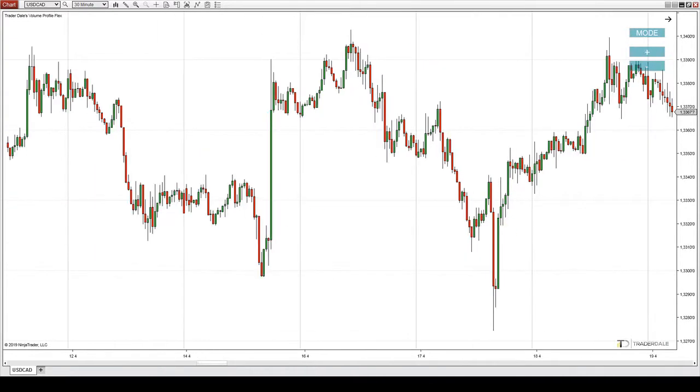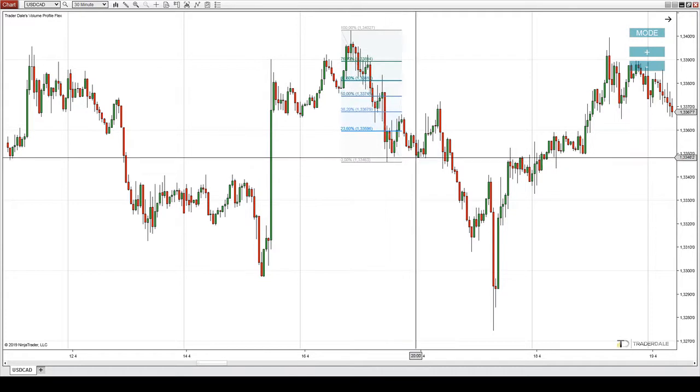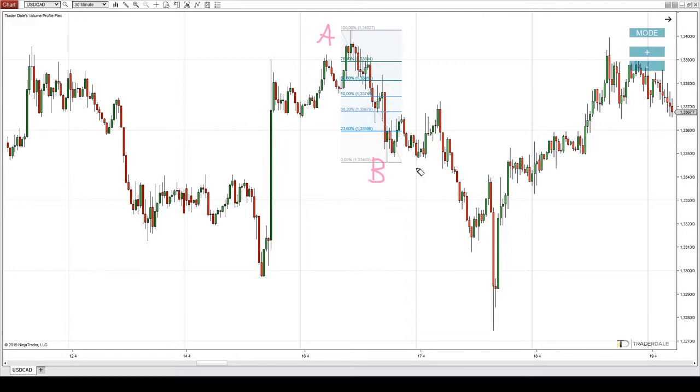Now let me show you one important thing. Those are significant swing points, A, B, and now you're looking for a pullback which is above the 50% line. So in this case, this setup would be invalid because this pullback didn't go past the 50%.